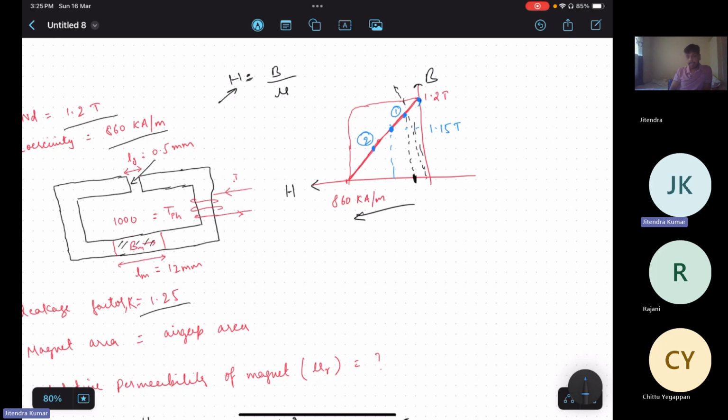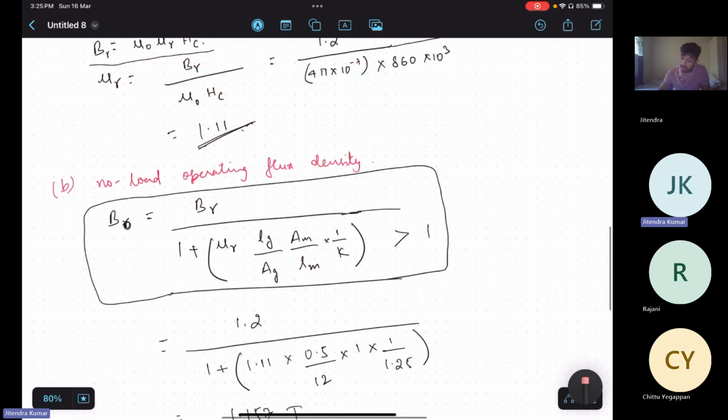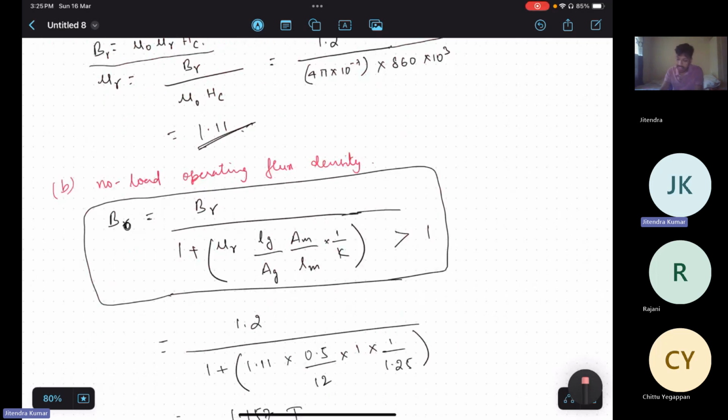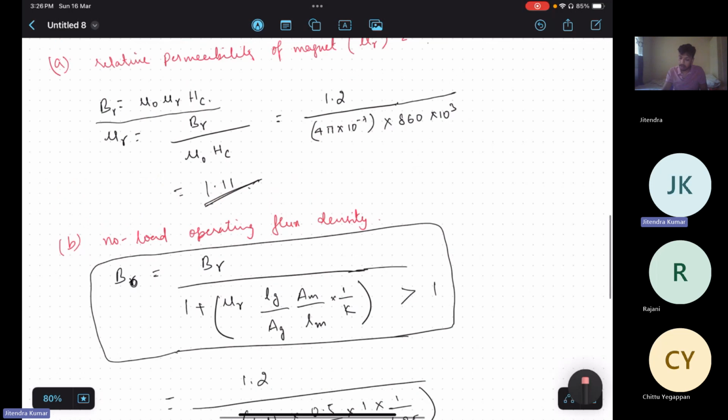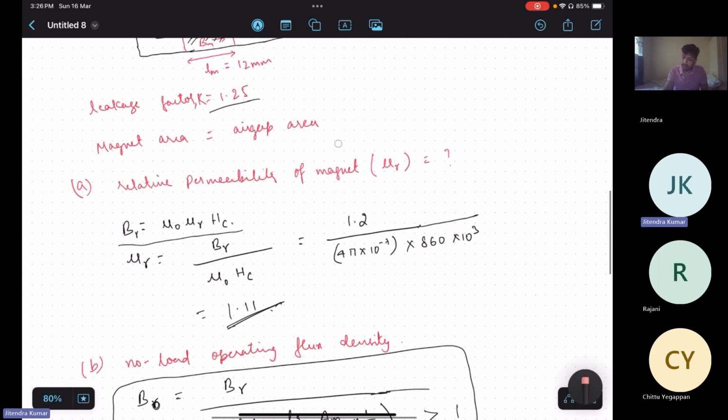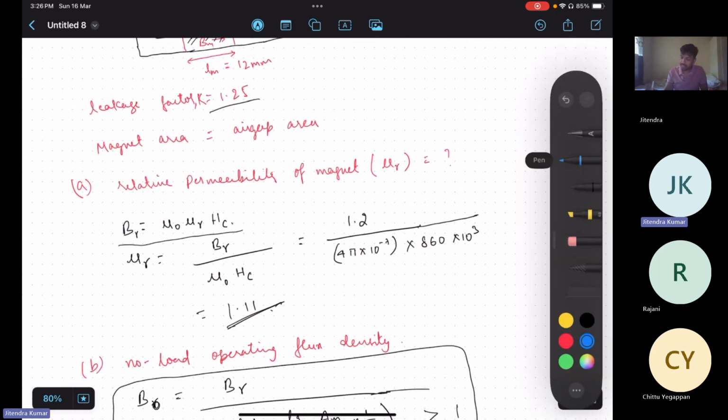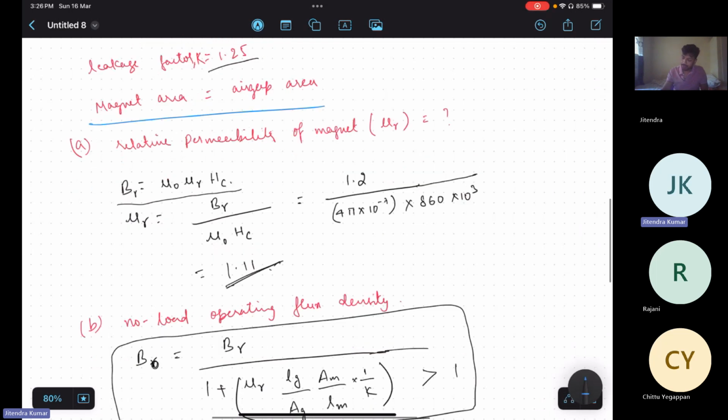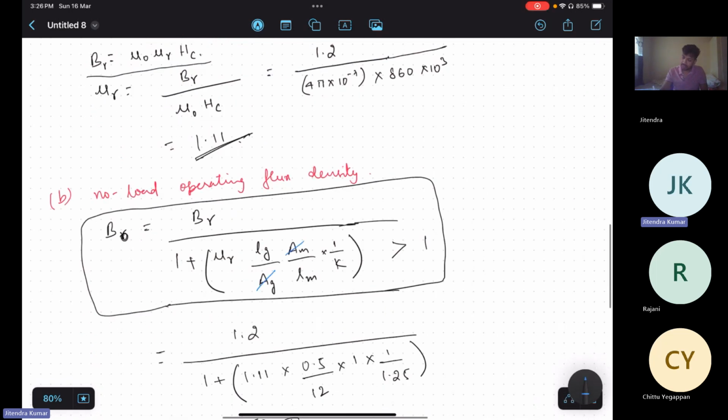Yes, sir. So that expression was derived in the lecture. You could refer to the lectures. This expression is B naught is equal to Br divided by 1 plus mu r Lg by Lm, Am by Ag, into 1 by K. And in the problem, it was mentioned that the magnet area we have to consider equal to the air gap area, so Am by Ag we can cancel out here.